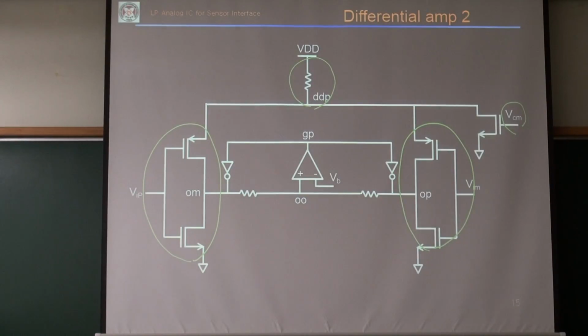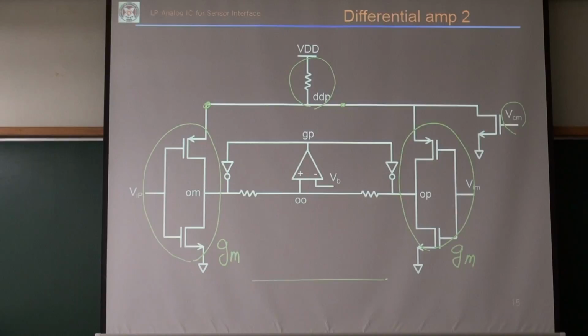So this voltage is the supply voltage of this inverter, and then it will be adjusted to set this inverter to certain GM value, right?